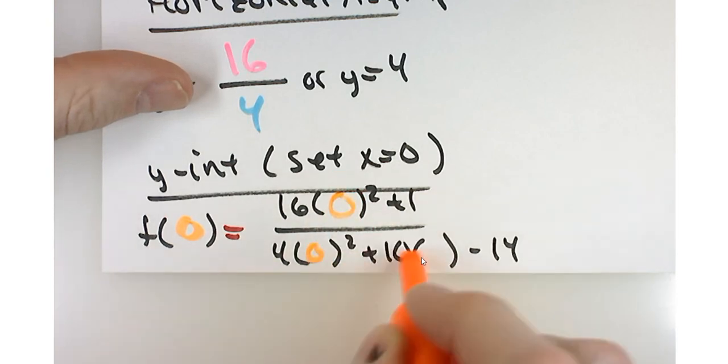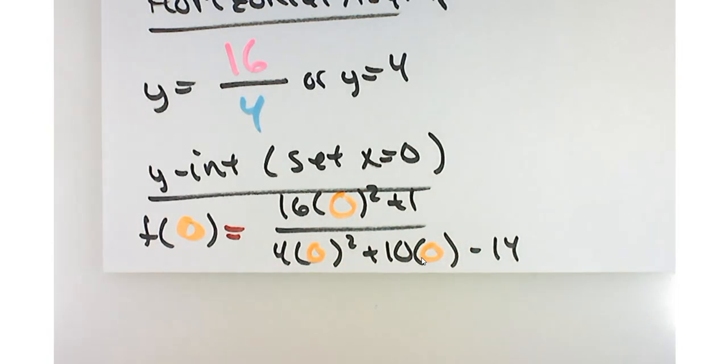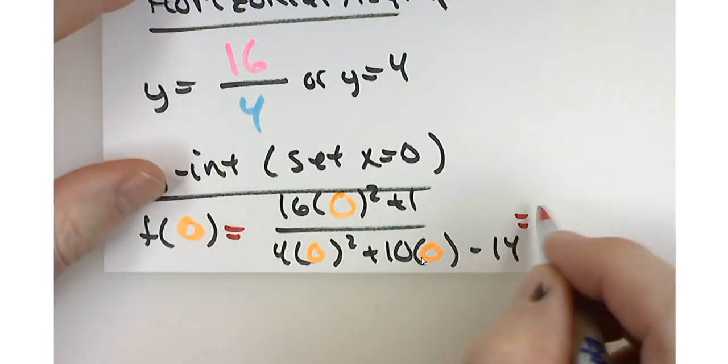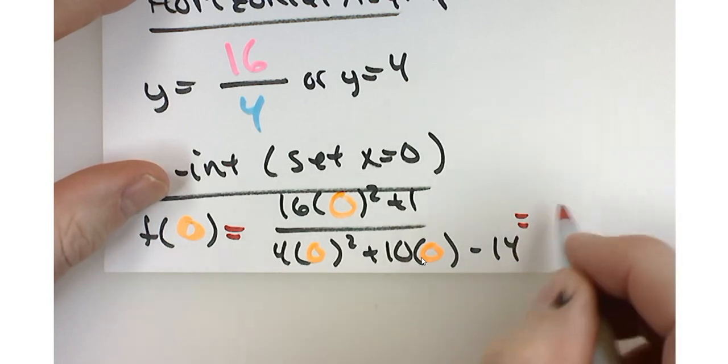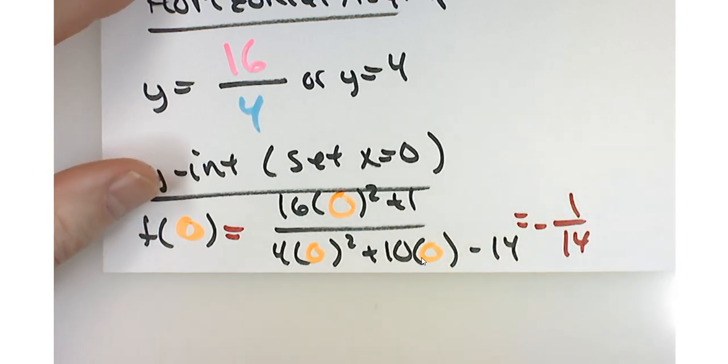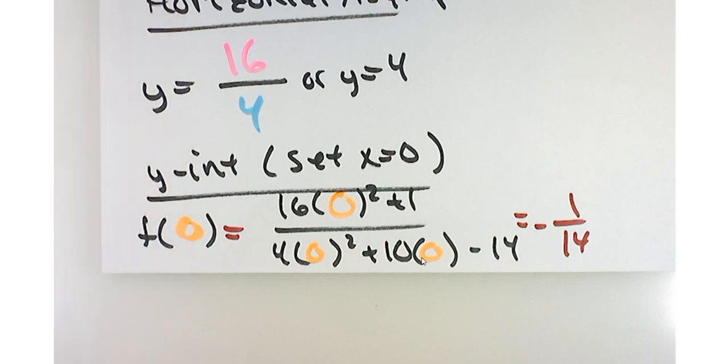What am I going to end up with for my y-intercept? 1 over 14. There's a negative here, so I'll tuck that out front. So negative 1/14, that's my y-intercept.